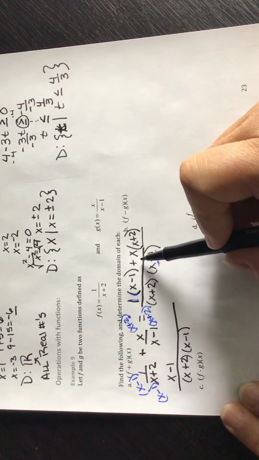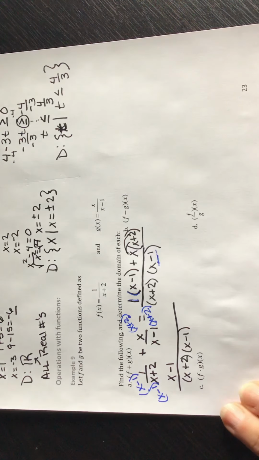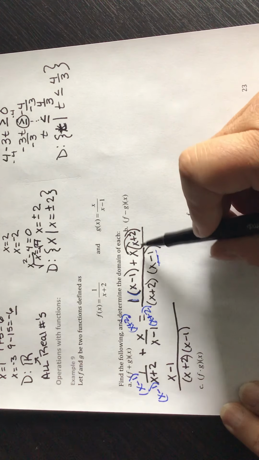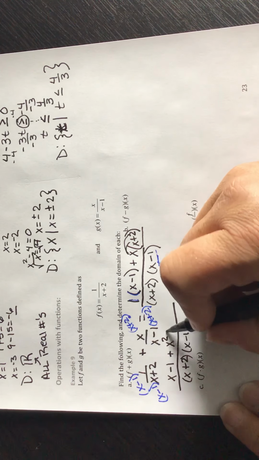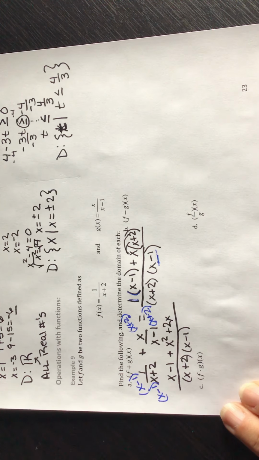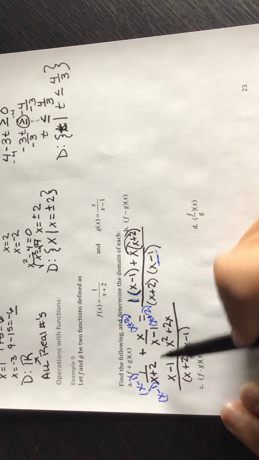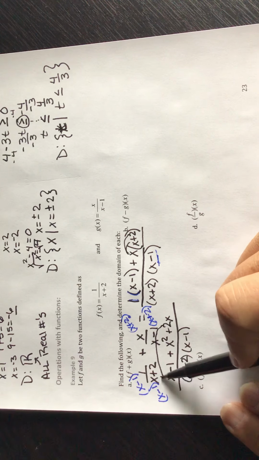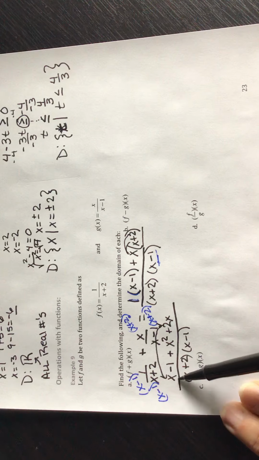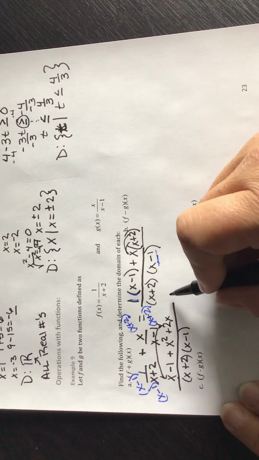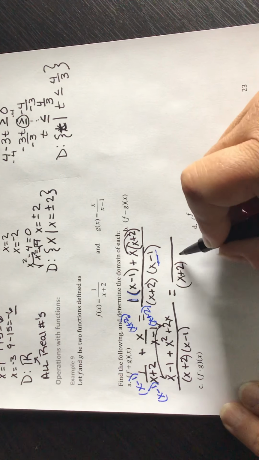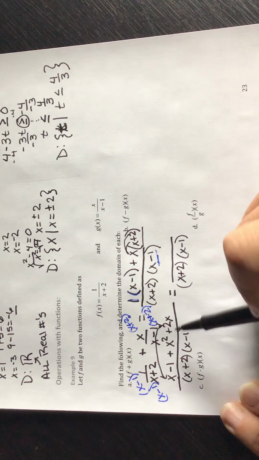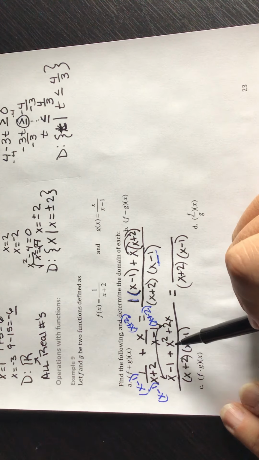Over here, I'm multiplying x by x plus 2, so I get plus x squared and plus 2x. And I notice I have like terms here, so I can add those together. So if I simplify that, I'm going to put this in order of descending exponents.